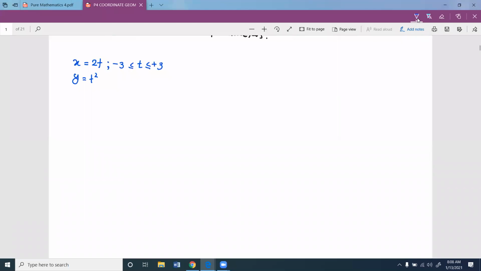How do you draw a graph for this kind of parametric equation?